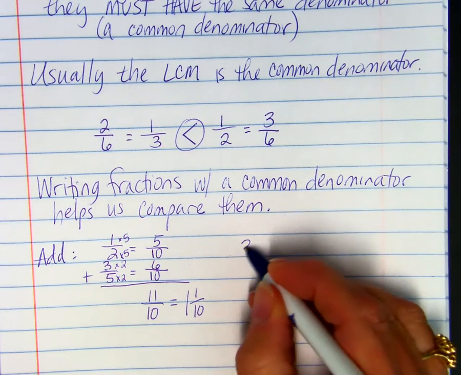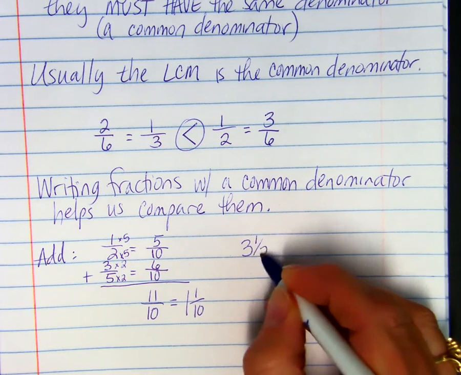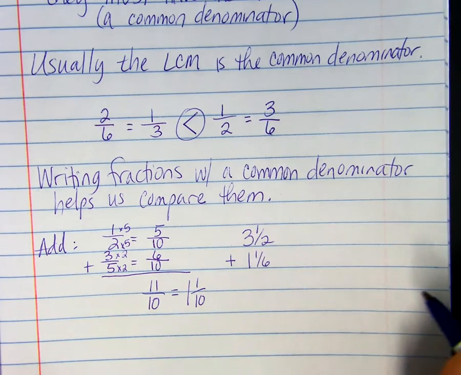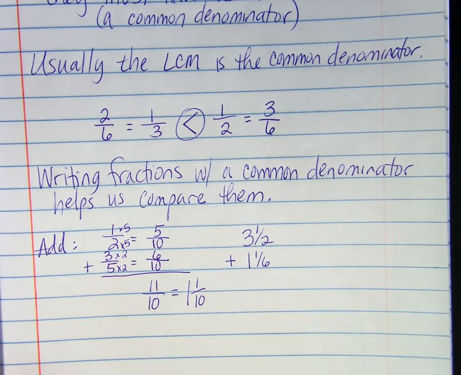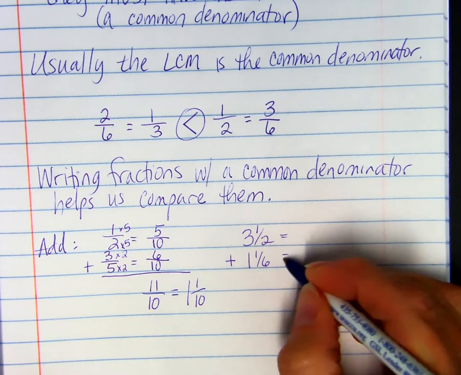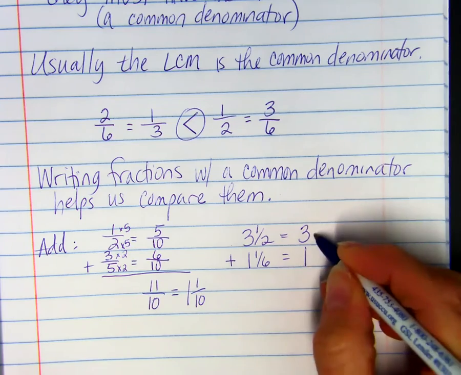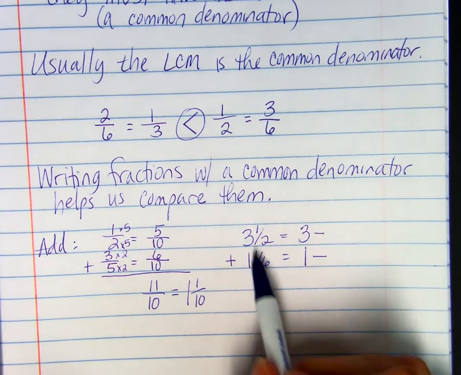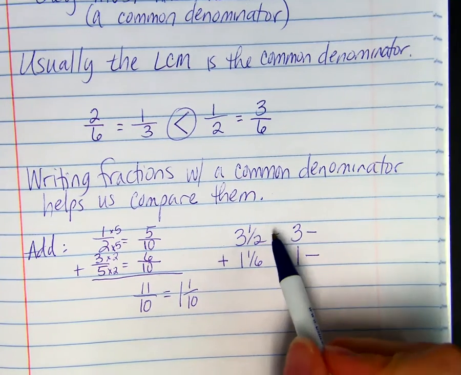So we're going to add 3 1/2 plus 1 and 1/6. So we need to get a common denominator. We'll keep the whole number the same. We count by sixes till we get a number that's divisible by 2.